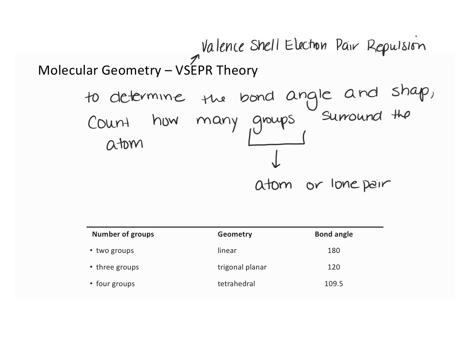And basically what it states is that the most stable arrangements of the molecule will keep the groups as far away from each other as possible. VSEPR is based on the fact that electron pairs repel each other.